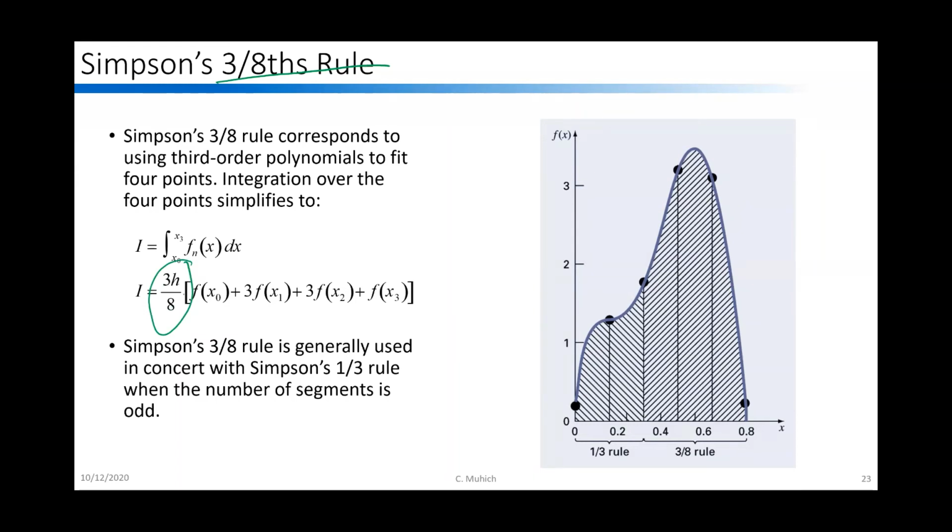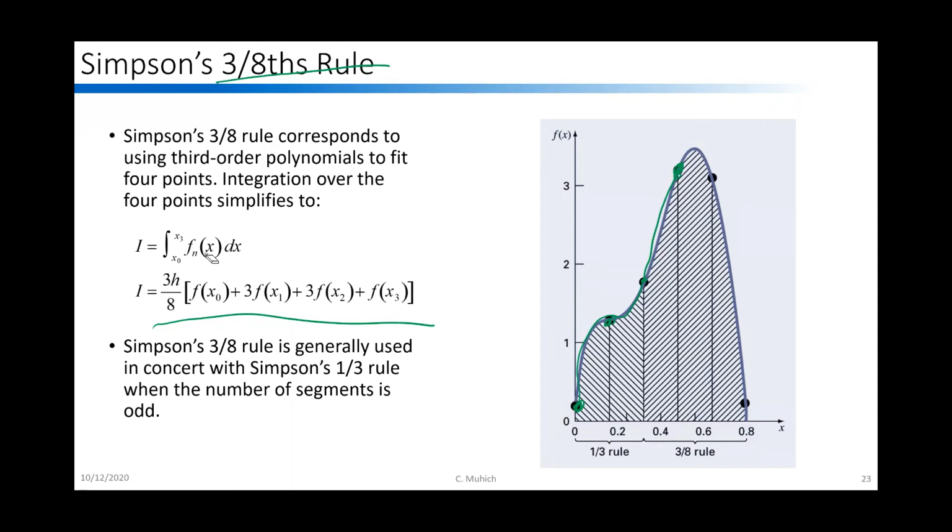I'm not going to go through the ideas behind deriving this, but in essence, we end up taking 1, 2, 3, 4 points and fitting a cubic from that. And then from the Lagrangian, we can get this equation.